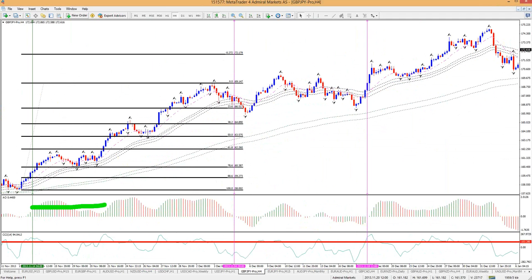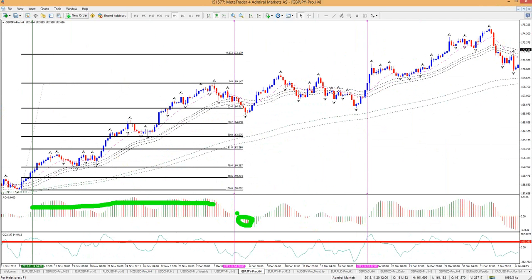We had a very strong oscillator reading here. There's no doubt about that. This has gone back to the zero line, which means the setup has qualified. Okay? So those are the two main qualifications.